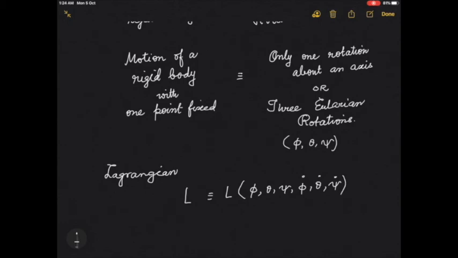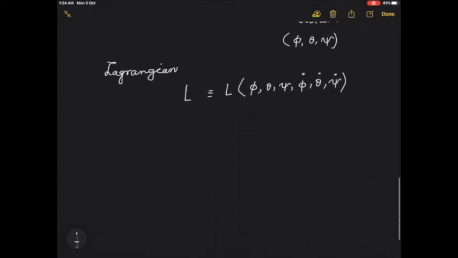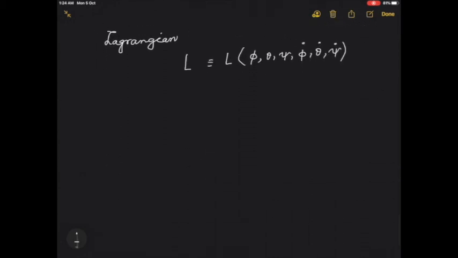We will be working with a conservative system, so there is no time dependence in the Lagrangian. And you see that I have just written down the Lagrangian, which means I'm trying to use the Lagrangian approach, which will be very interesting because that's what we have learned for the entire course. Now we are applying it to a fairly complicated problem, which is the motion of a symmetric top with one point fixed.